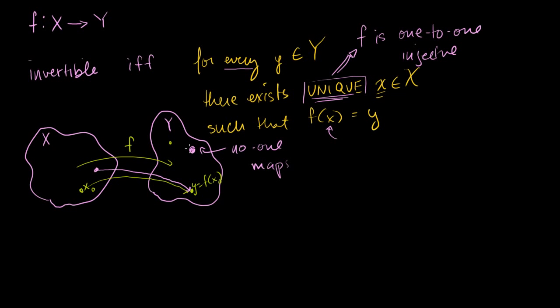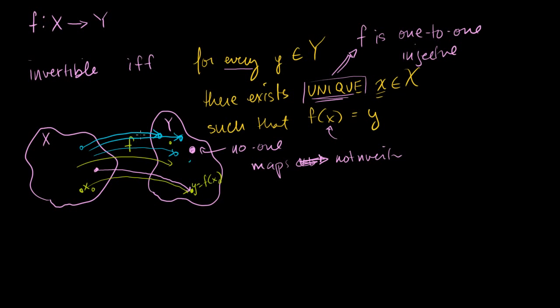If that's the case, then we don't have our conditions for invertibility, so that would be not invertible. Every element of y has to be mapped to, and they can only be mapped to by one of the elements of x. So everything here has to be mapped to by a unique guy.